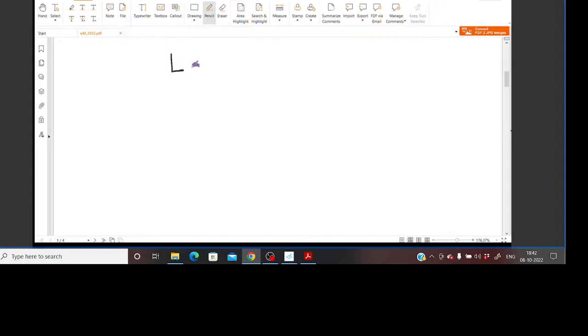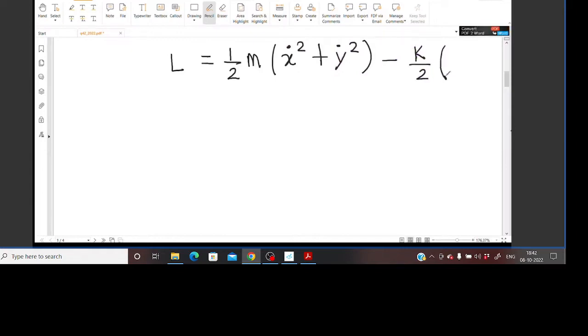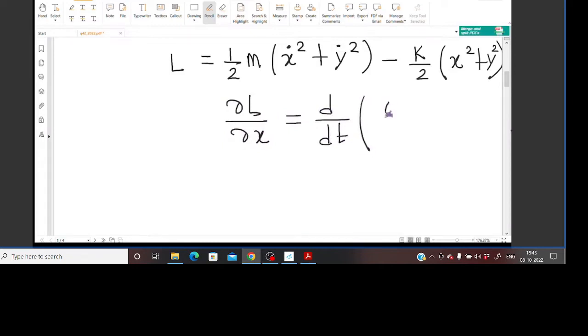So in this question we have L equal to half m into x dot square plus y dot square minus k by 2 into x square plus y square. The Euler-Lagrange equation for the coordinate x is given by del L del x equal to d dt of del L del x dot.